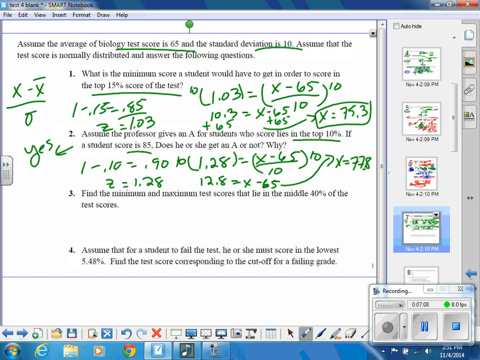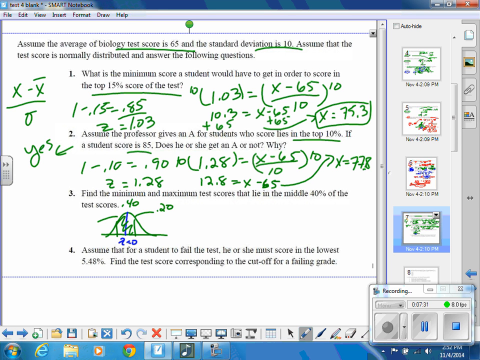Now the next one is asking, find the minimum and maximum test scores that lie in the middle 40% of the test scores. This is just like that one problem, middle 40%. Here we go. This is my standard curve. This is z equals 0. And then on this side, I have 40. And so each one of these is 0.20.